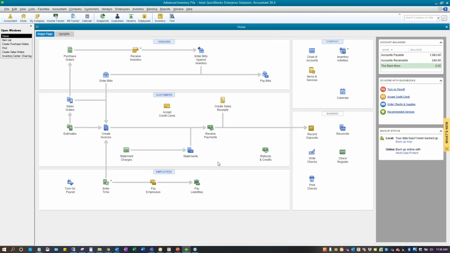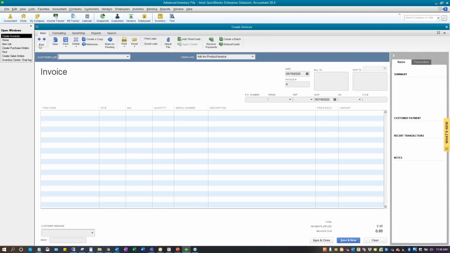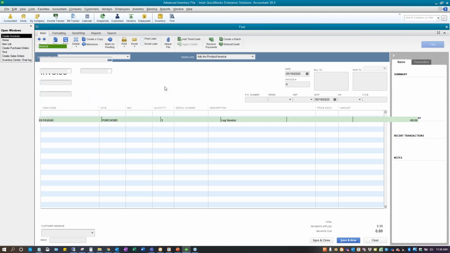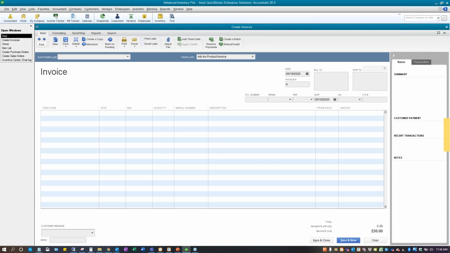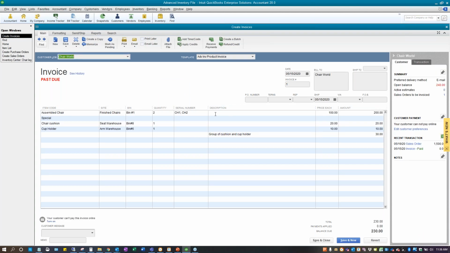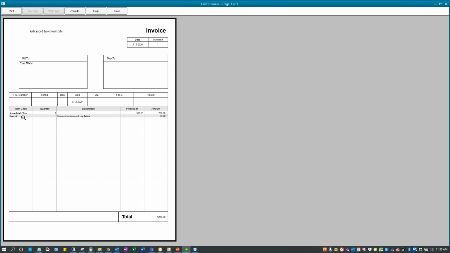And then invoicing. Invoicing is how you take things out. So you have a normal invoice where you're selling to a client. And notice that in this group case, I sold the group, which was the cushion and the cup holder. The client, you can choose whether they want to see that group, all the individual items, or whether they just want to see one line.